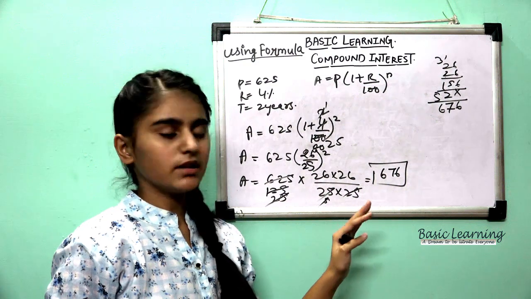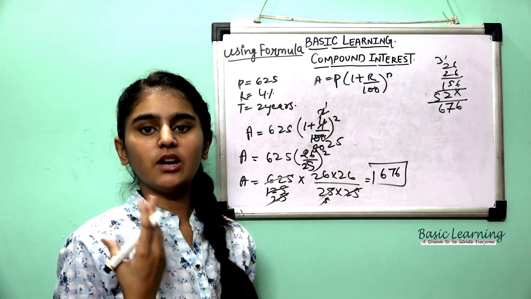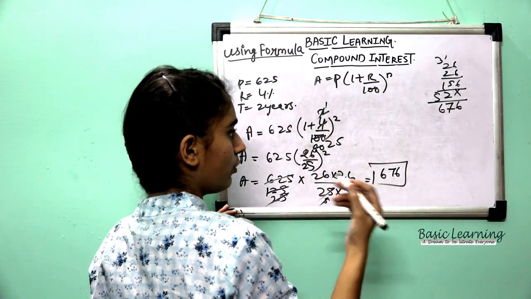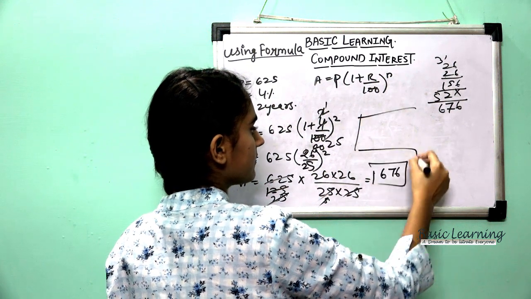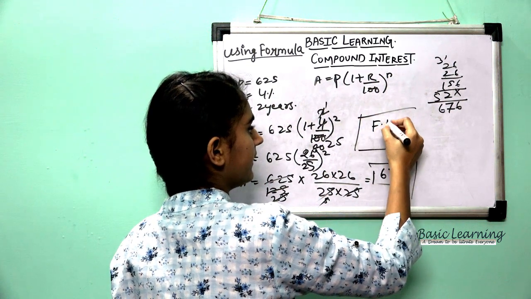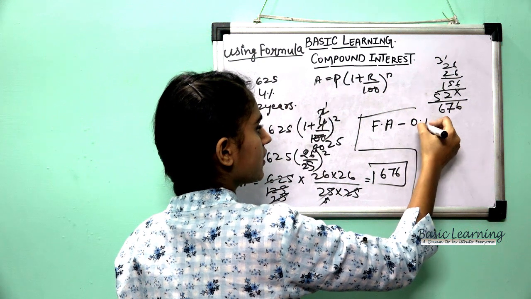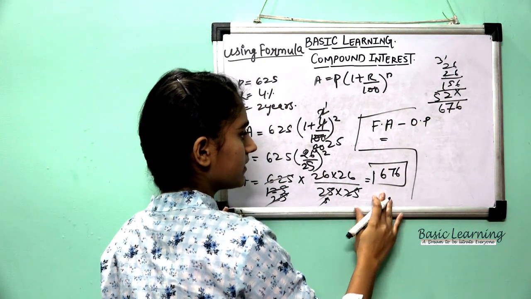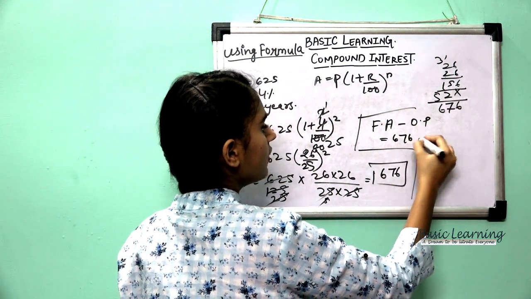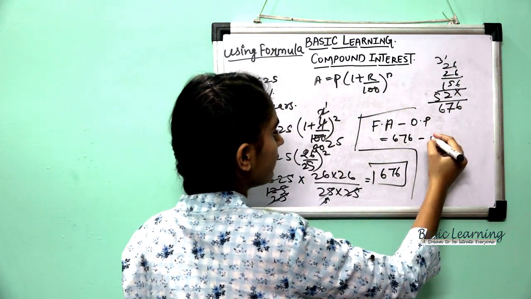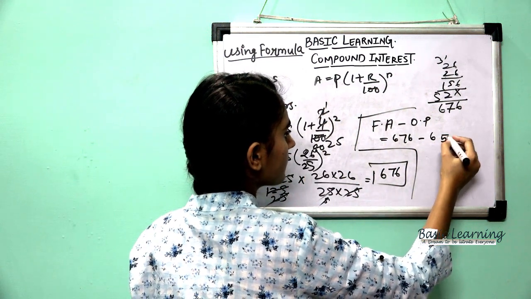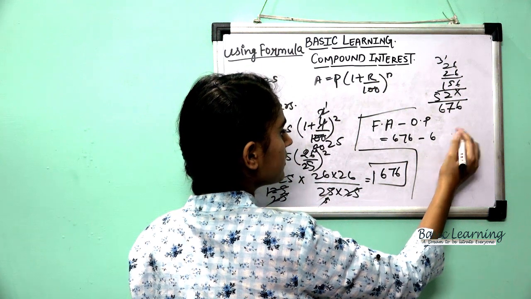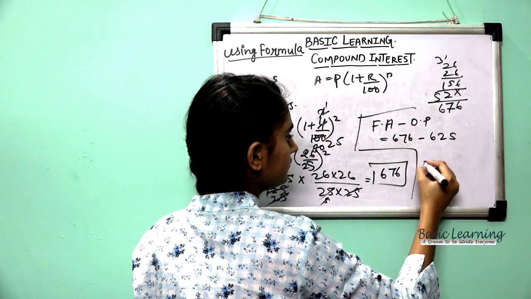If in the question it is asked to calculate the compound interest also, then you all know the formula of the compound interest, that is final amount minus original principal. Final amount is 676, original principal is 625.